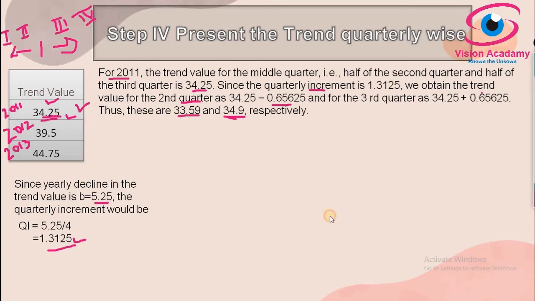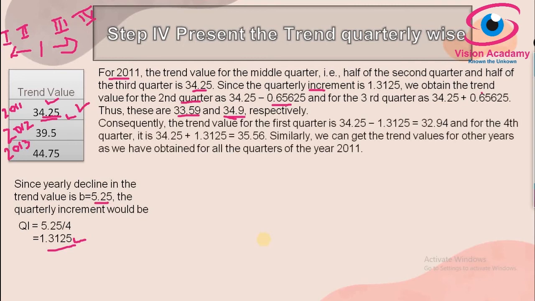So let us continue for the first quarter and fourth quarter. How do we obtain the trend value for the first and fourth quarter? I will show you again. In the second quarter we just subtracted half of the quarterly increment. Now we have to subtract the full quarterly increment, and for the fourth quarter we need to add the full value of the quarterly increment.